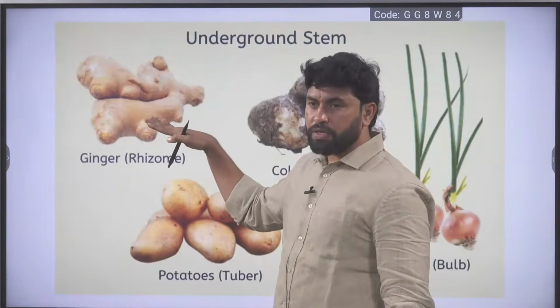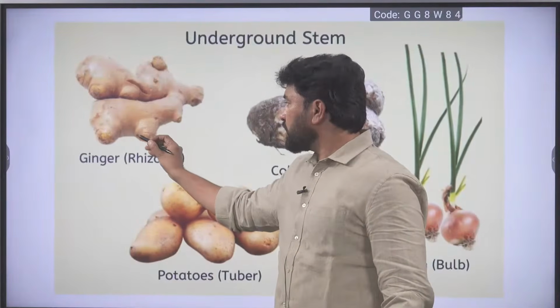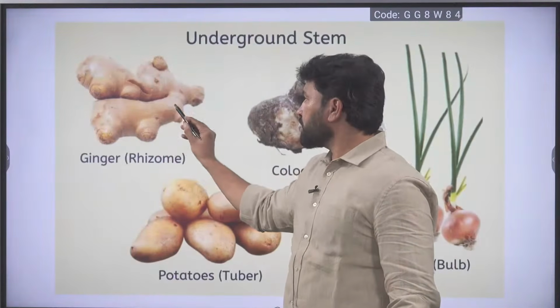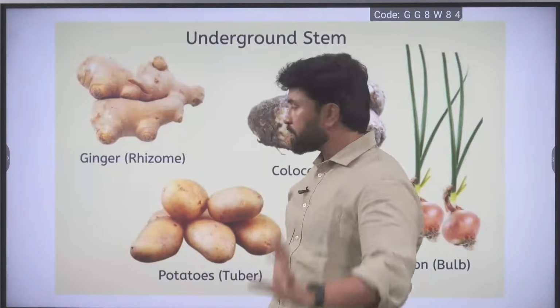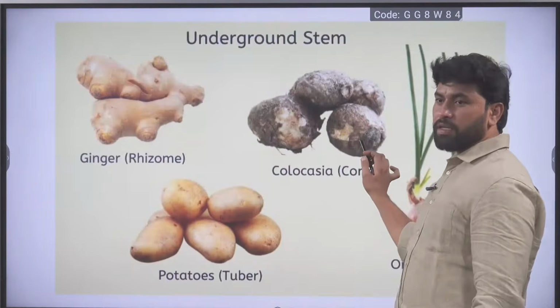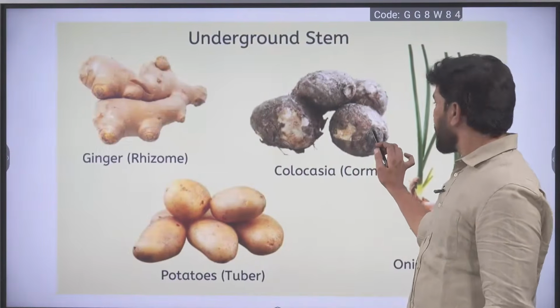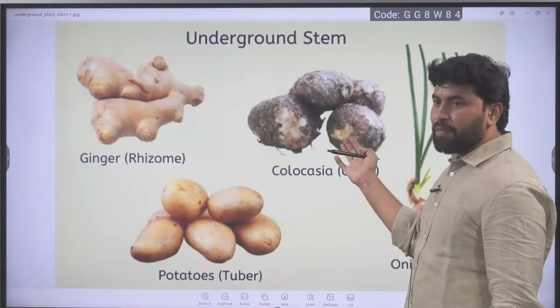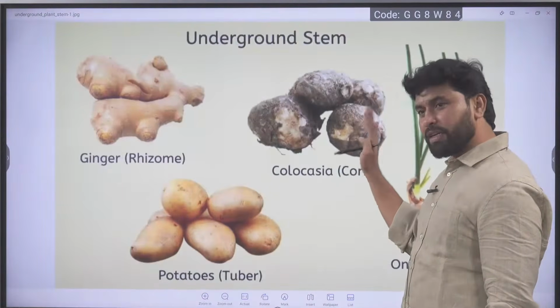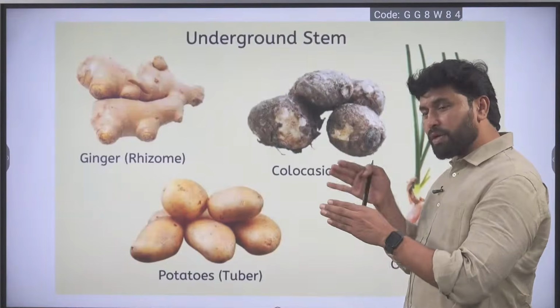It always grows horizontally. Actually, this is a branch. This is the main stem, and at the branches, concised buds are present. Then go to this one. This is colocasia. Colocasia grows vertically. It's not appearing vertically growing there, but it always grows vertically.